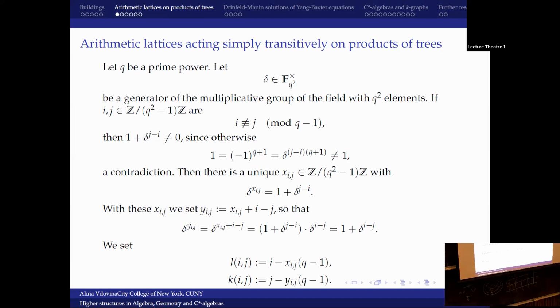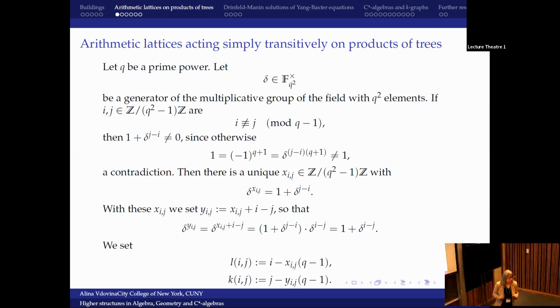Actually, this is the smallest case of the computation here when you put q equal to 3. So those 1s and 2s were not out of the blue; they had a very precise meaning. If you put q equal to 3, then you will get the coefficients in my first example.